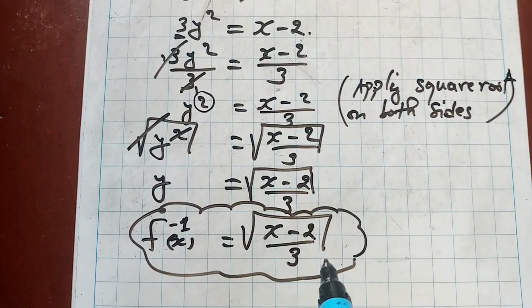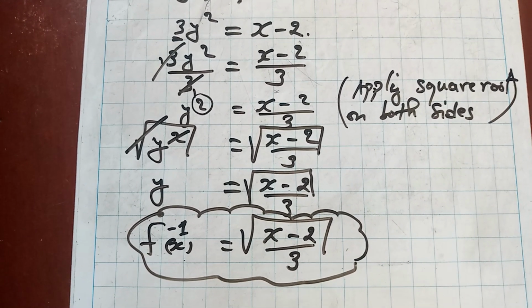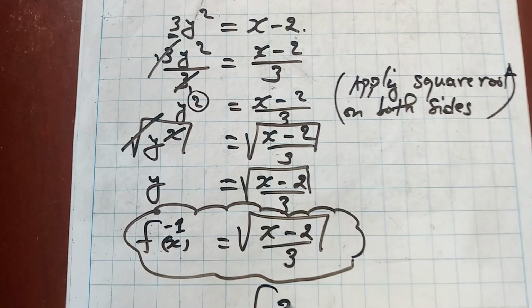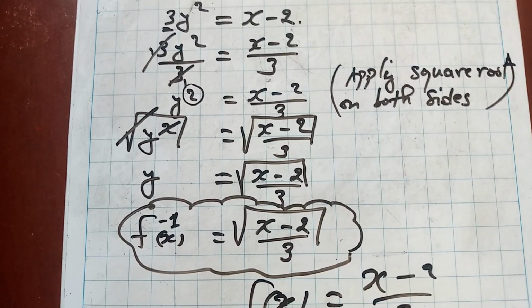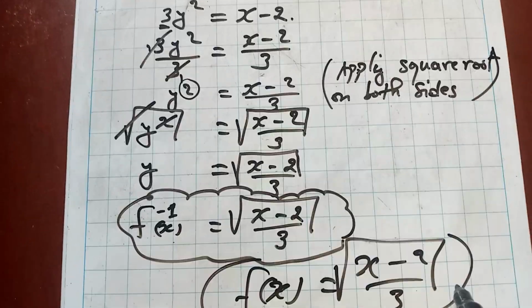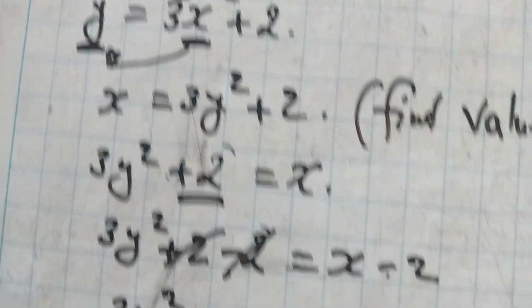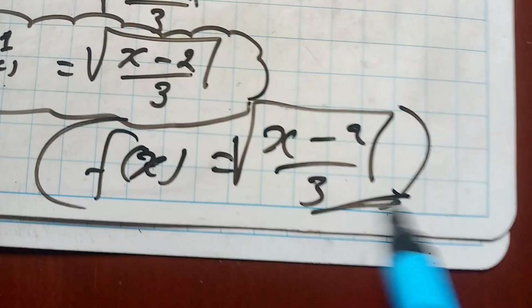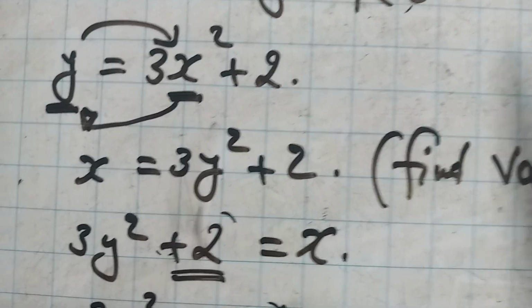We can even find the inverse of this one. When we find the inverse of f of x equal to the square root of x minus 2 over 3, we will have the inverse, which is like the equation you have here. The inverse of this one will be the same as the original function.